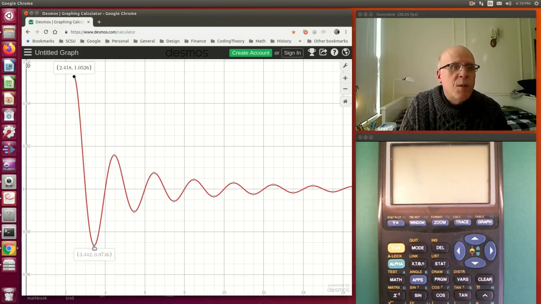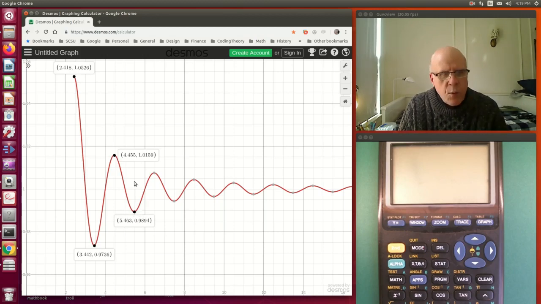So the first peak we see has a y-coordinate of 1.05, then 0.973, then 1.01, then 0.9894. Okay, the reason those are strange looking numbers is that they're sort of cooked up. But I want you to think about the character of something like this.